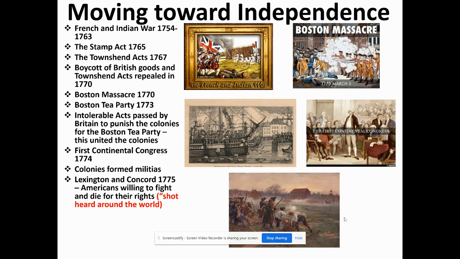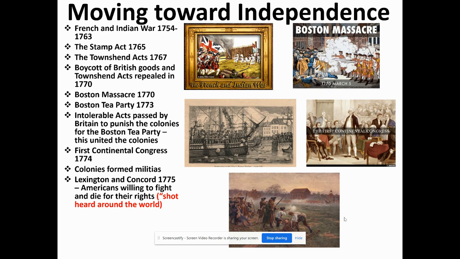So you do see the increase of taxes. You see an increase of military presence in the colonies. And now you have this event where colonists have been killed by the British, right? And so the unrest and the tension continues to grow in the colonies.